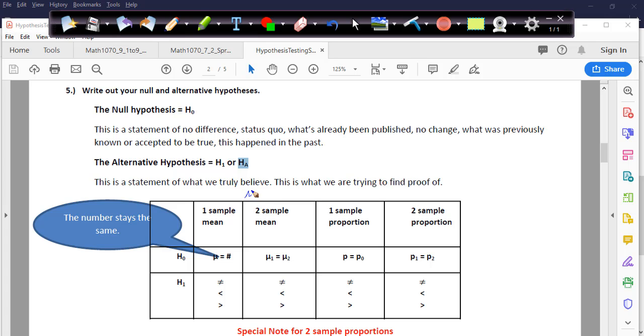So you would have mu sub 1, and moving mu sub 2 to the other side, minus mu sub 2, equals 0. And our two sample proportion, p sub 1 minus p sub 2 is equal to 0 for your null hypothesis. And then for your alternative hypothesis, you're just changing what this sign is.